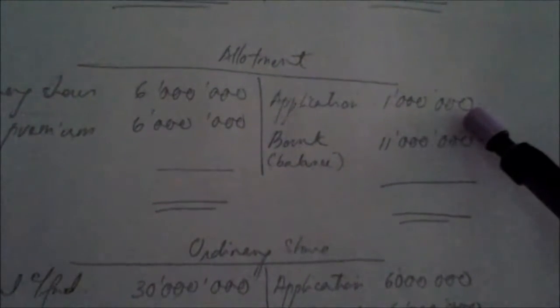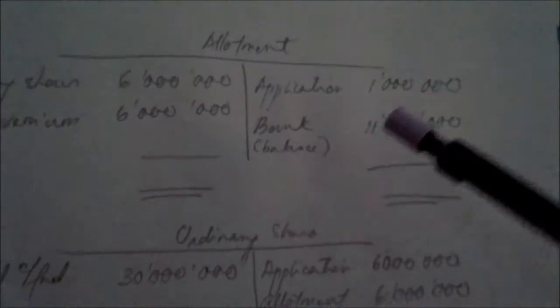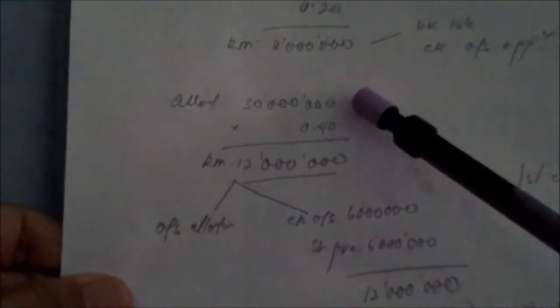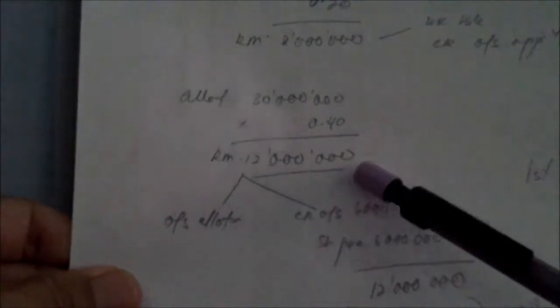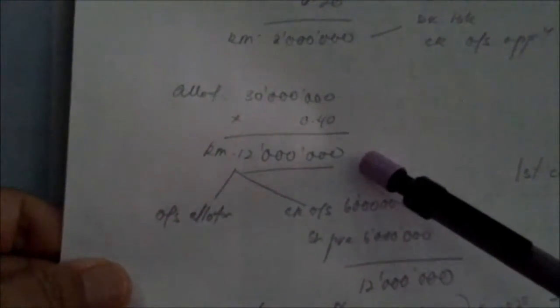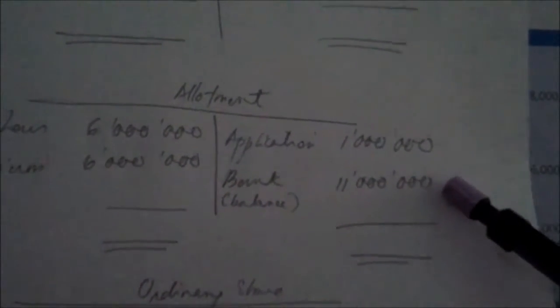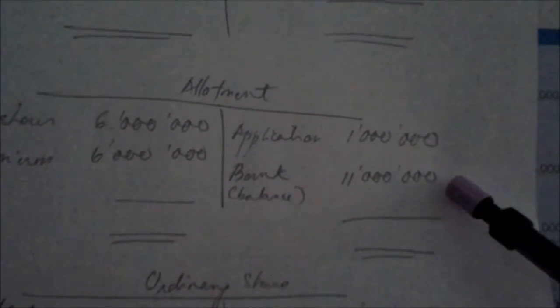They have to pay 12 million: the calculation on allotment is 30 million times 40 cents, which is 12 million. Since they have already paid on application and the amount will not be refunded, we reduce it from the allotted amount, so they only make the payment of 11 million.